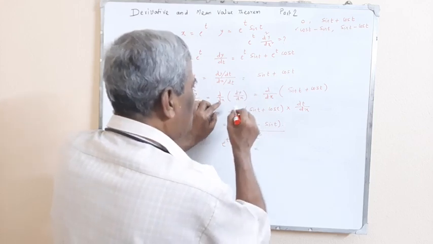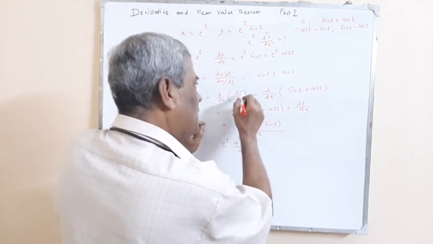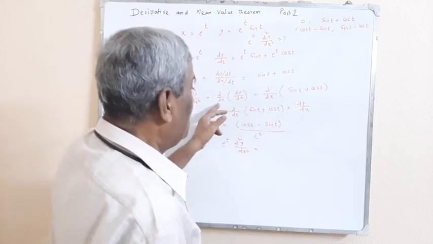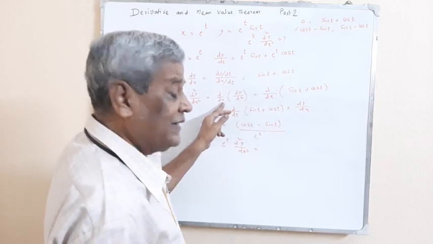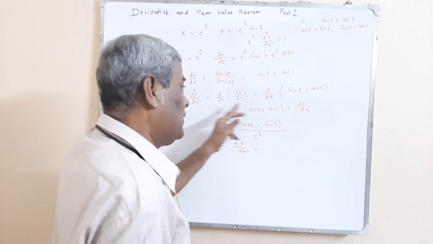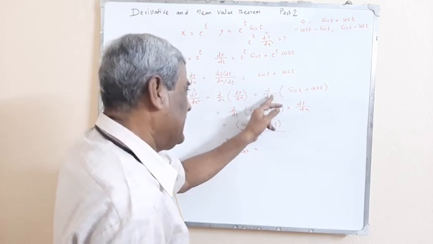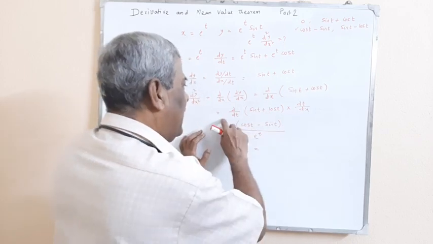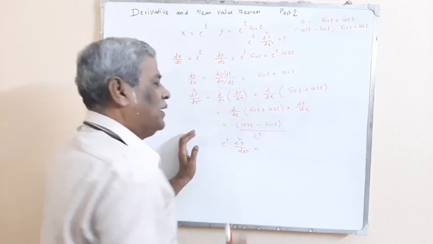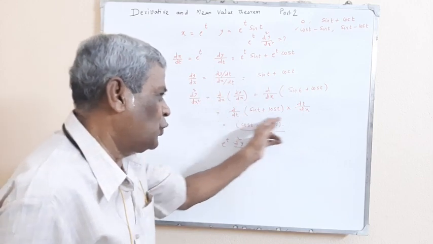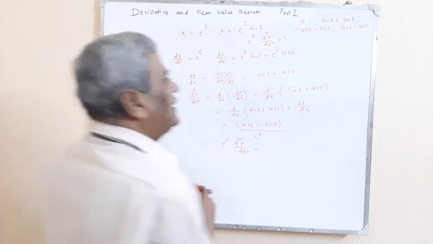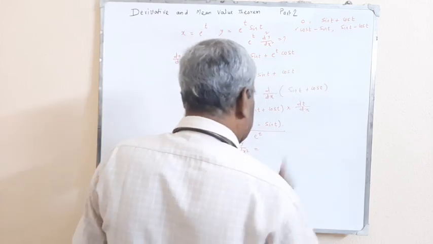Most of the time, students differentiate this with respect to t, but mind that it is with respect to x. So d dx of that means d dt of that, then adjust. At that part, be careful about this portion of the problem. So our answer is cos t minus sin t.